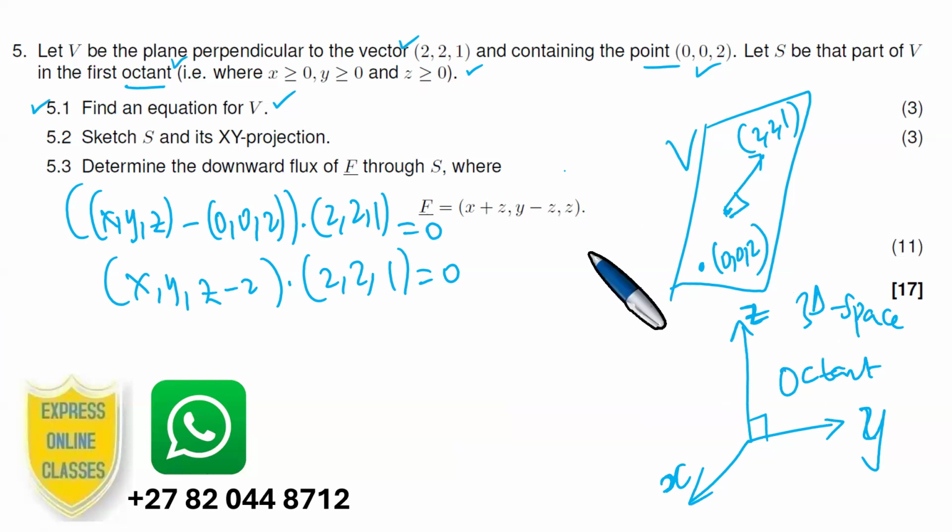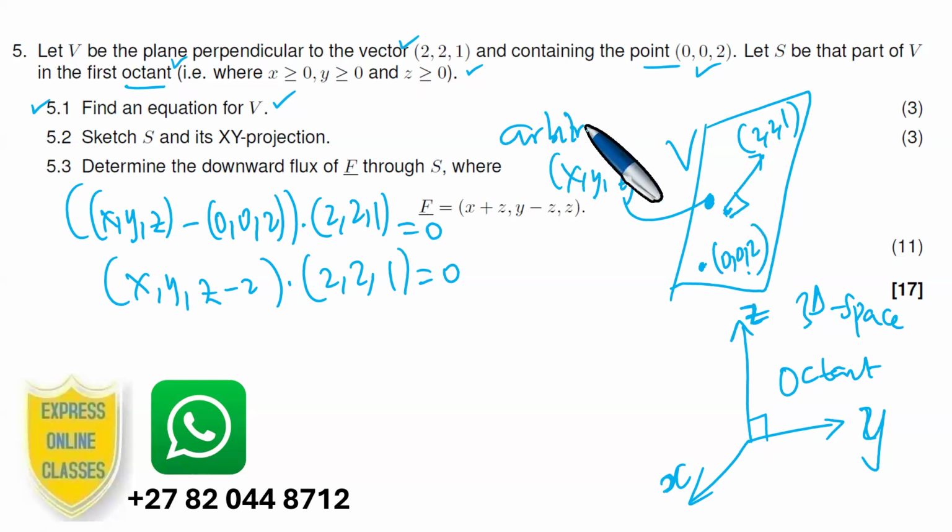You take a point (x, y, z), an arbitrary point on the plane, minus another point on the plane. Then you dot this difference with (2, 2, 1), and because (2, 2, 1) is perpendicular to the plane, the two are orthogonal.